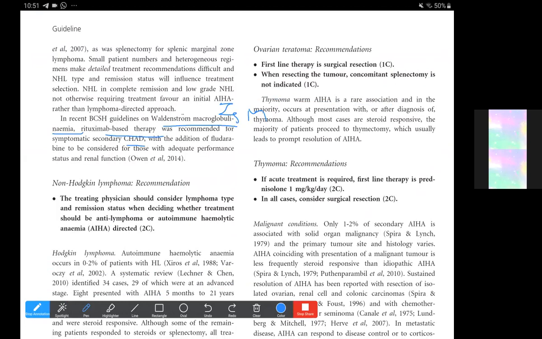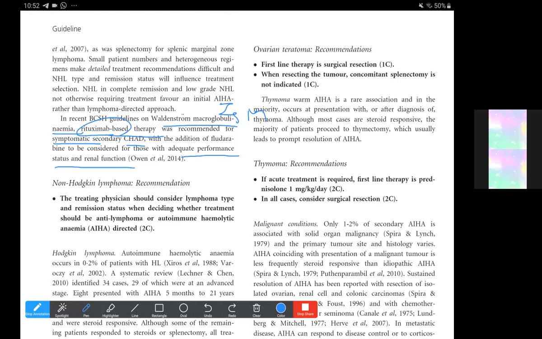Rituximab with the addition of fludarabine is considered for symptomatic secondary CHAD, and the addition of fludarabine is to be considered for those with adequate performance status and renal function. So mostly those with Waldenstrom macroglobulinemia receive the rituximab-based therapy, and fludarabine is only considered for patients who have adequate renal function and performance status.